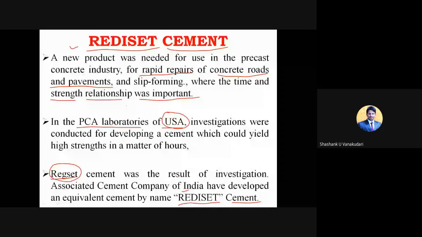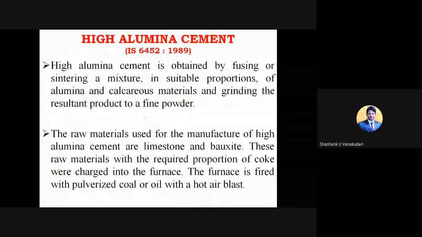And then high alumina cement. The name itself indicates high alumina, so the alumina content will of course be higher in this type of cement. High alumina cement is obtained by fusing or sintering a mixture, in suitable proportions, of alumina and calcareous materials.